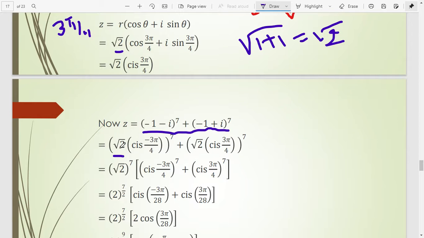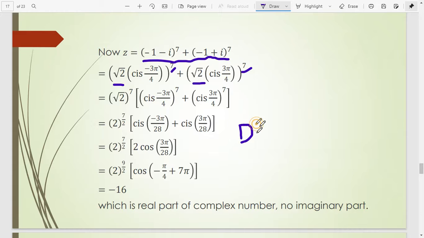Taking under root 2 common from both, under root 2 raised to 7 is common, and cis minus 3 pi by 4 raised to 7 plus cis 3 pi by 4 raised to 7. Now by De Moivre's theorem, we can write minus 3 pi by 4 into 7 is equal to 28, and 3 pi by 4 into 7 is equal to 28.